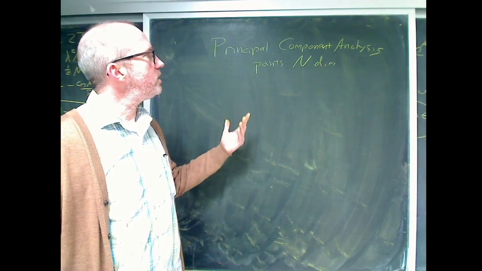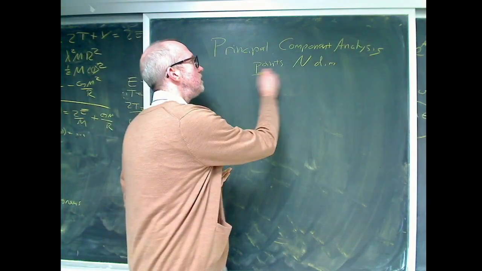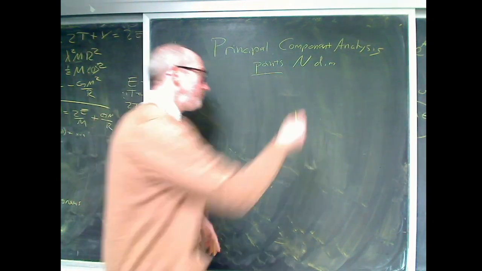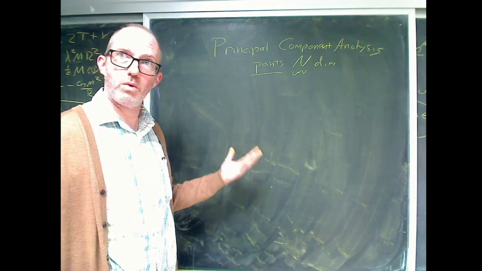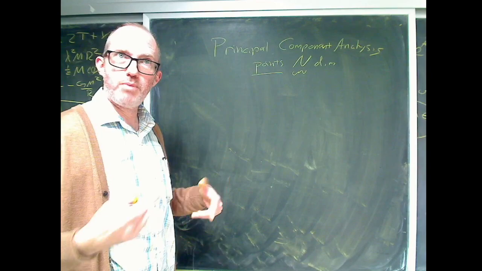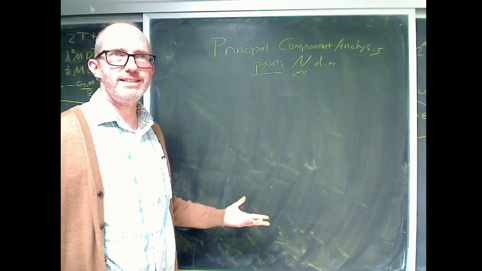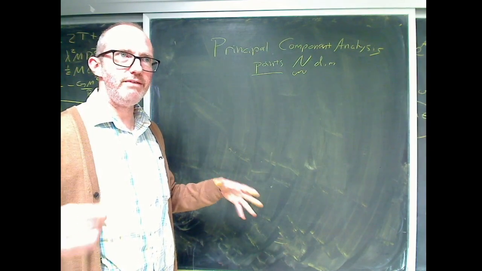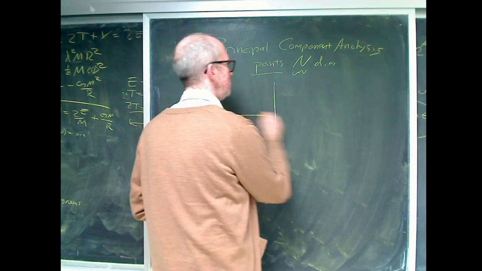So how many coordinates do I need to describe my collection of points? N. So I need n coordinates to describe my points because they live in an n-dimensional space. Unless they live in a subspace of that, then I need fewer coordinates.